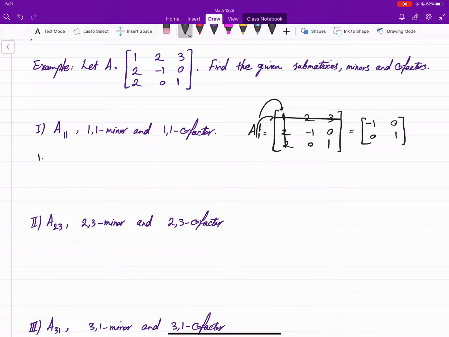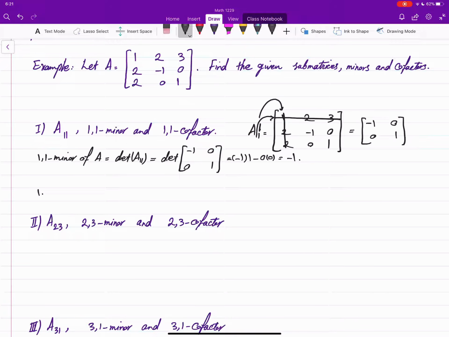Then the 1,1 minor of A is equal to the determinant of A11. But A11 is a 2 by 2 matrix, so we can find its determinant easily: diagonal entries minus off-diagonal entries, and that gives us negative 1.